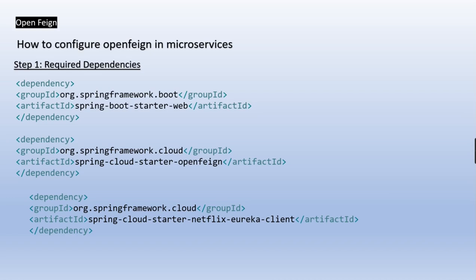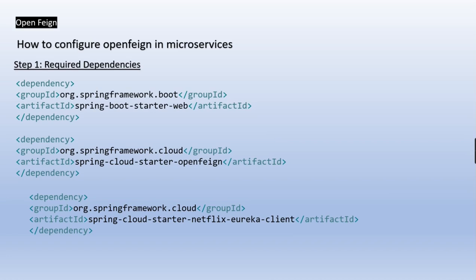So if we are writing client-side programming, we need to know what dependencies are required. As with any project, the web dependency is needed. Then OpenFeign, that is spring-cloud-starter-openfeign. This is one of the important dependencies we need to ensure. Otherwise, your client project will not be treated as an OpenFeign project.